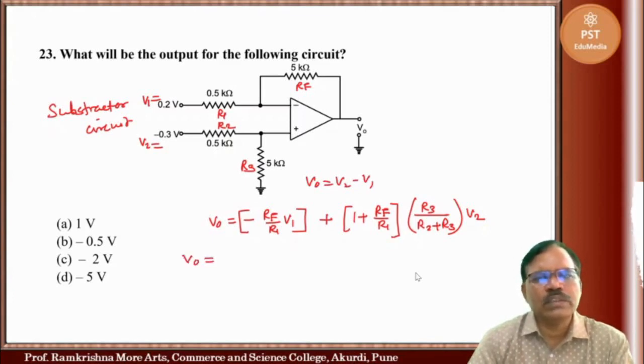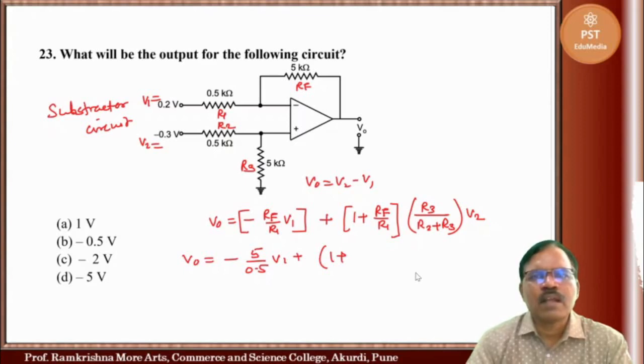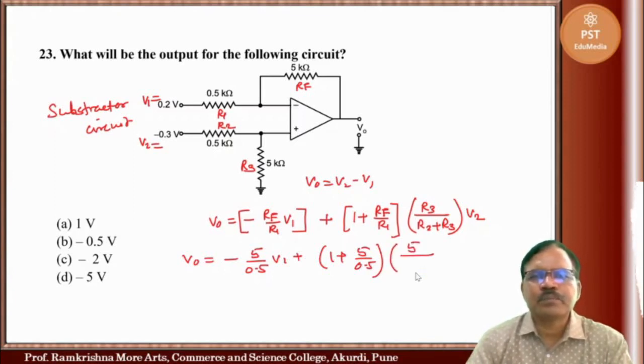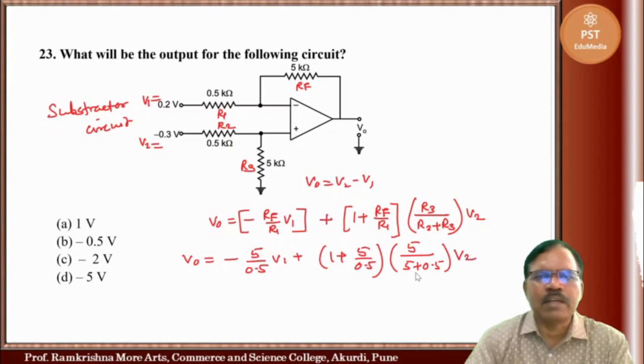So V0 is equal to minus RF is 5 kilo ohm upon 0.5 kilo ohm multiplied by V1 plus 1 plus RF is 5 upon 0.5 kilo ohm into R3 is 5 upon 5 plus 0.5 multiplied by V2.